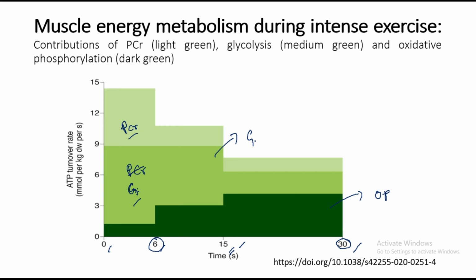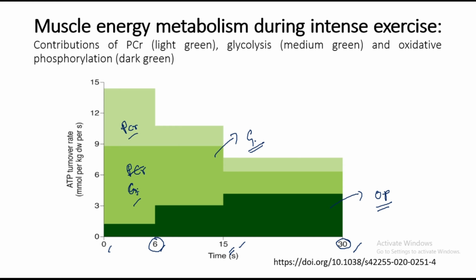So at the beginning of exercise, up to 6 seconds, phosphoryl creatine, the ready-made ATP-CP system, and glycolysis contribute the majority of ATP yield, whereas up to 15 seconds the majority contribution of ATP comes from glycolysis, and 30 seconds and above it comes from oxidative phosphorylation.